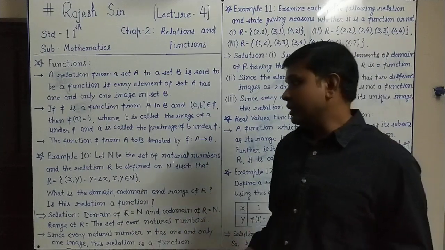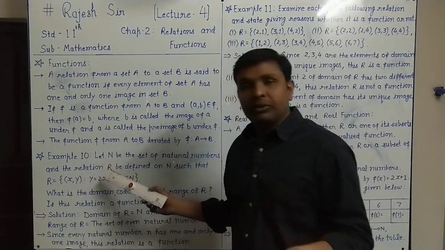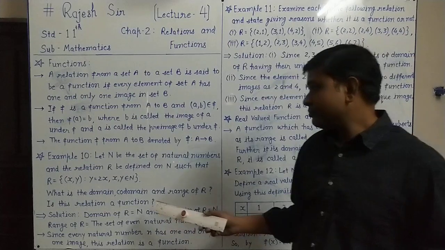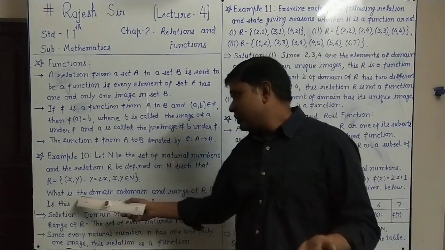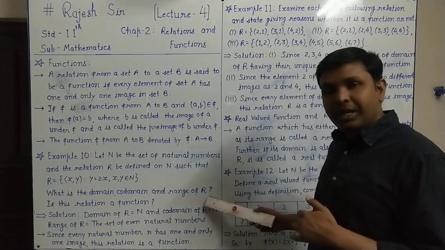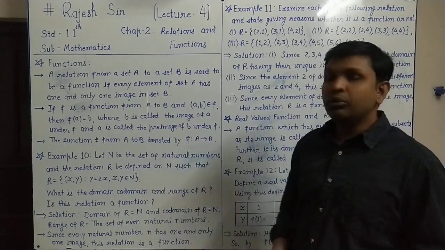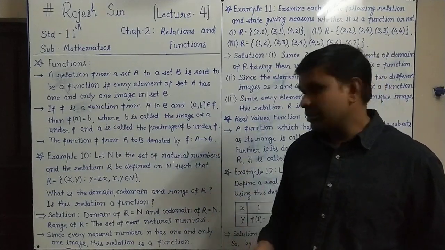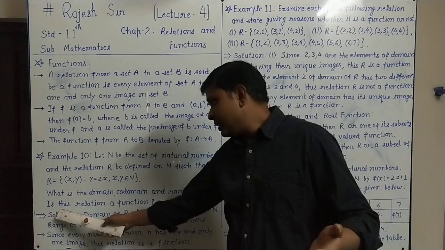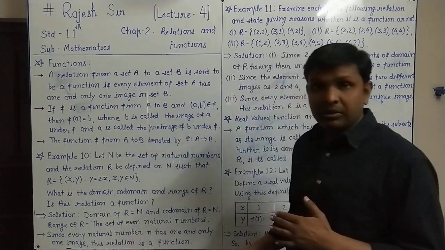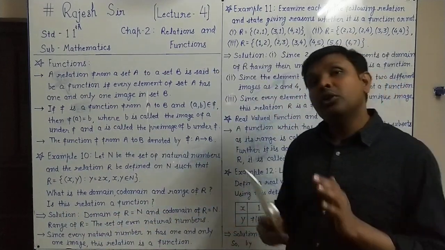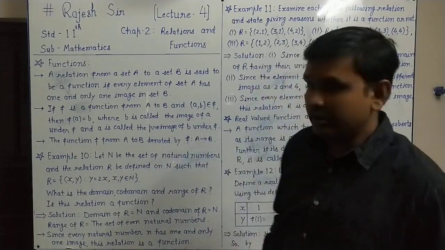This is the relation given over the set N. The question is, what are the domain, codomain and range of R? And we also have to decide whether this relation is a function or not.